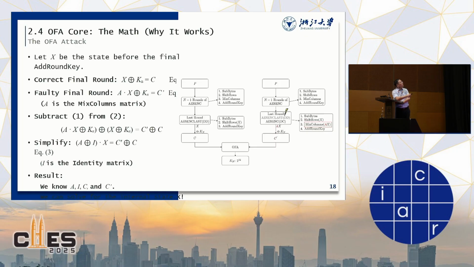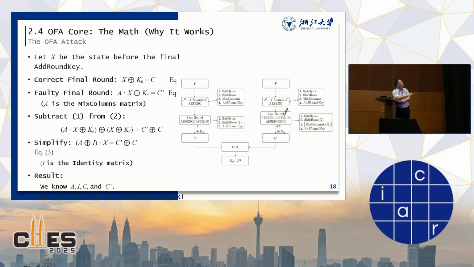Here, the K_n and the K_n are canceled. Then eventually you simplify this and get a very simple equation. On the left, A XOR I, where I here is actually an identity matrix, equals C XOR C prime.